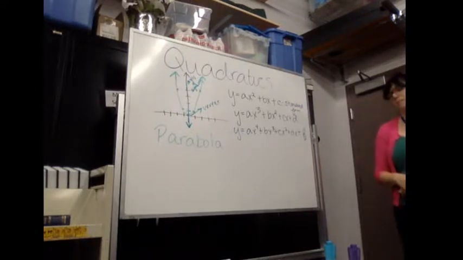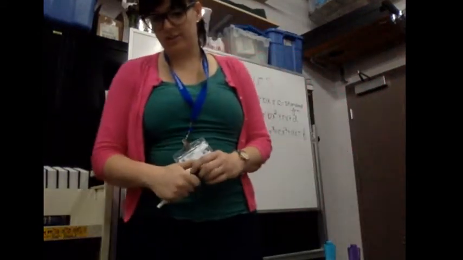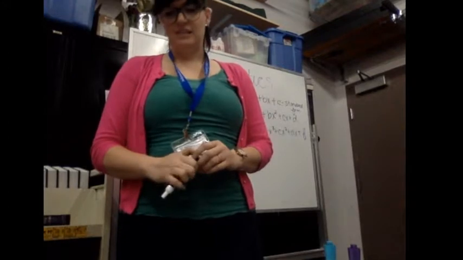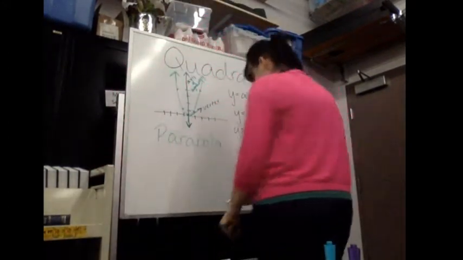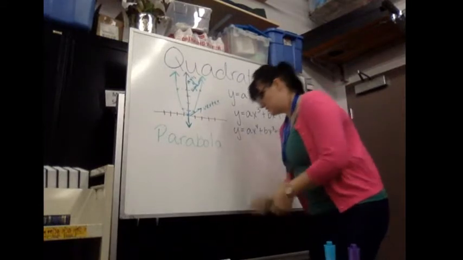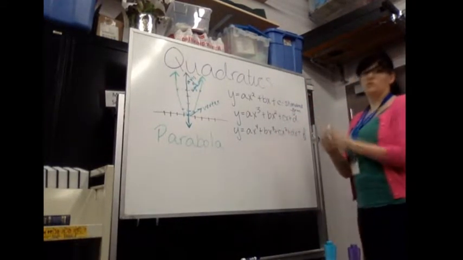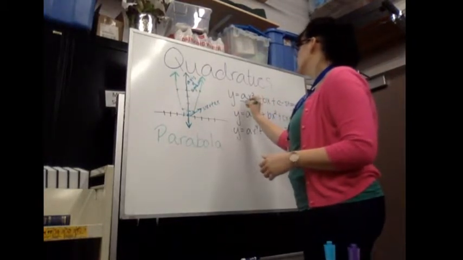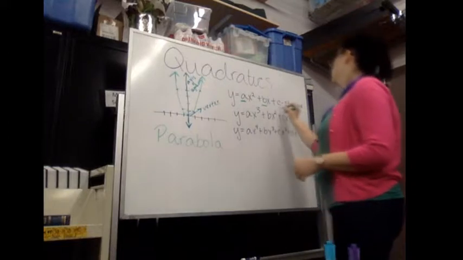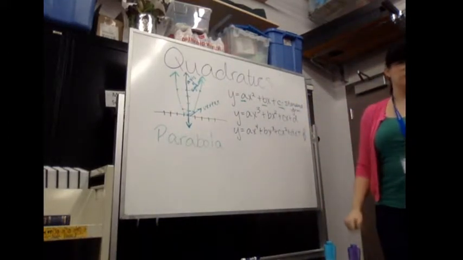Okay, so now we're going to start talking about the characteristics of quadratics. When you're looking at the standard form of a quadratic, these 3 numbers are the only ones that change from one to the other, right?